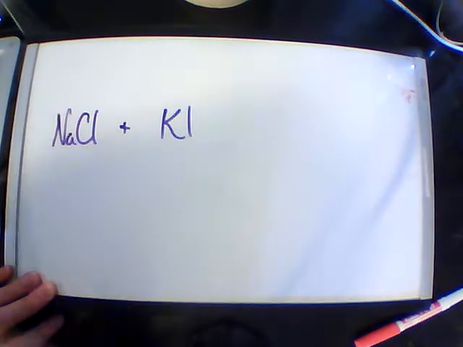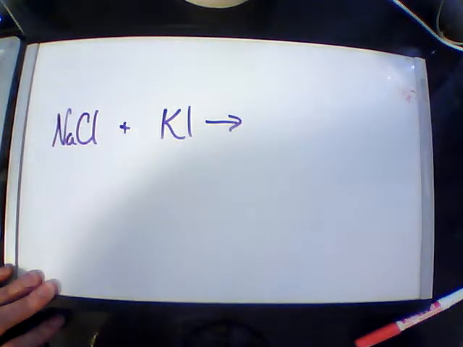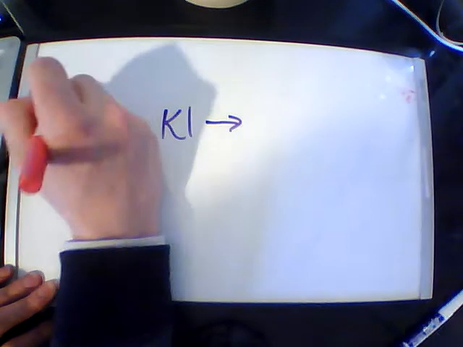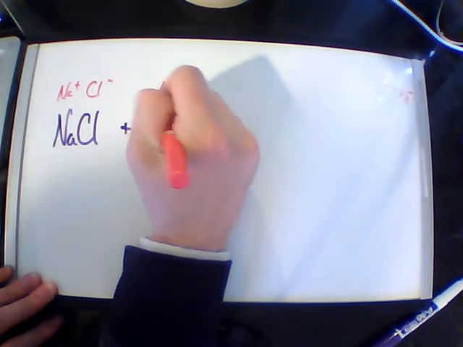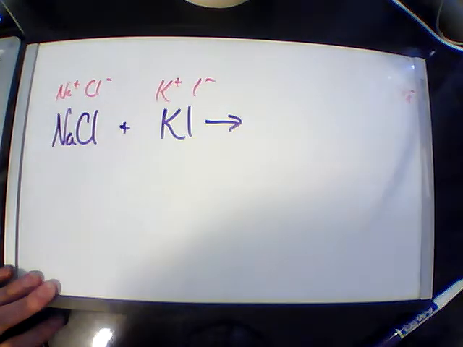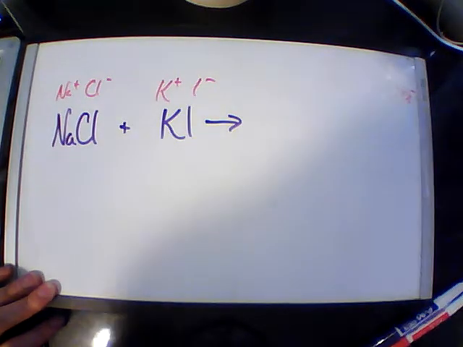Let's look at number 2. I have got NaCl reacting with KI. So again, double replacement, cations and anions switch. Cation is Na+ bonded to Cl-. K+ and I- over here. So for this reaction to work, my cations swap places.